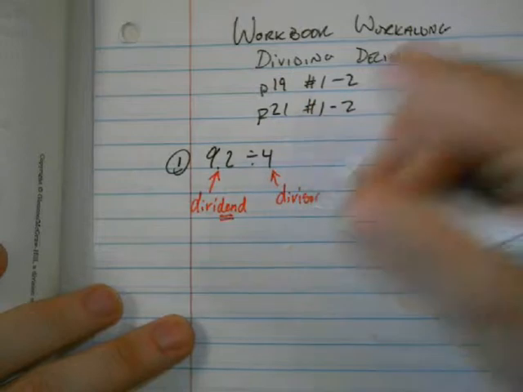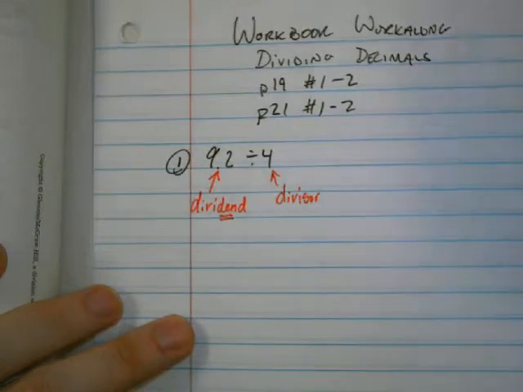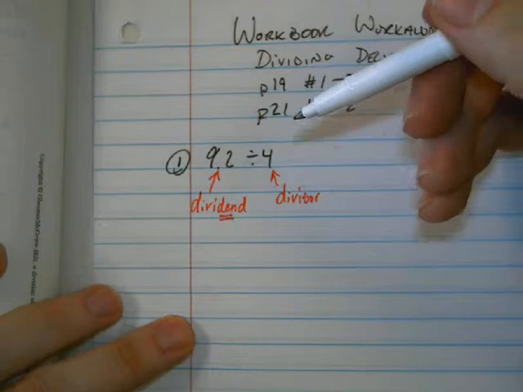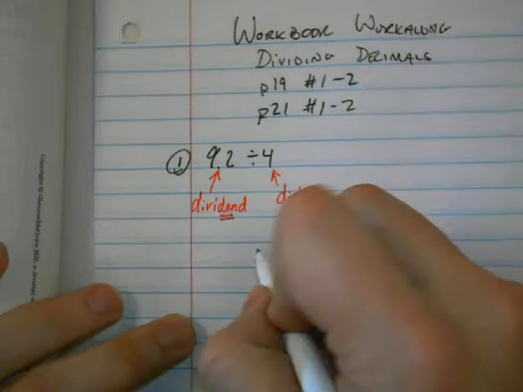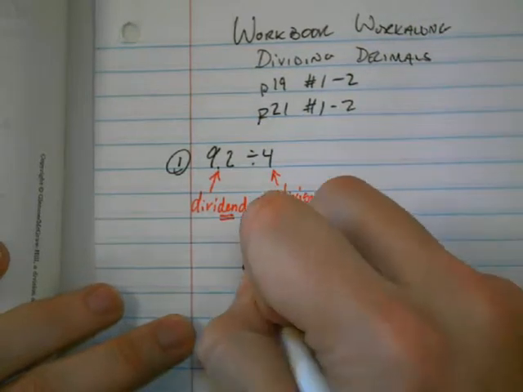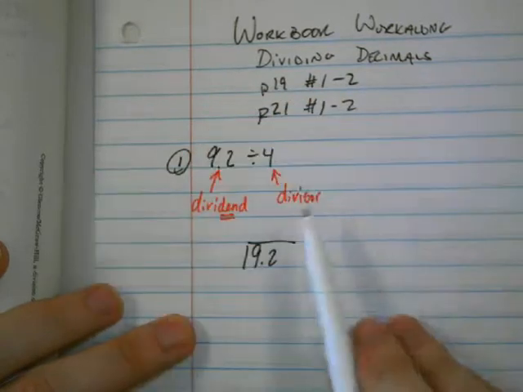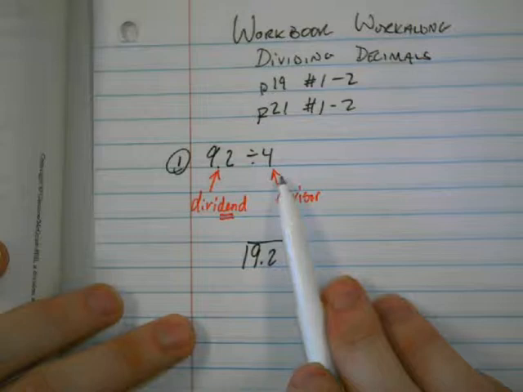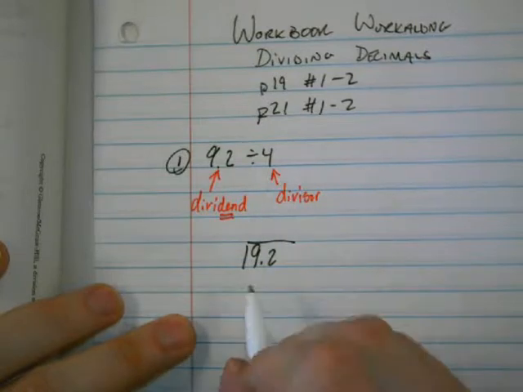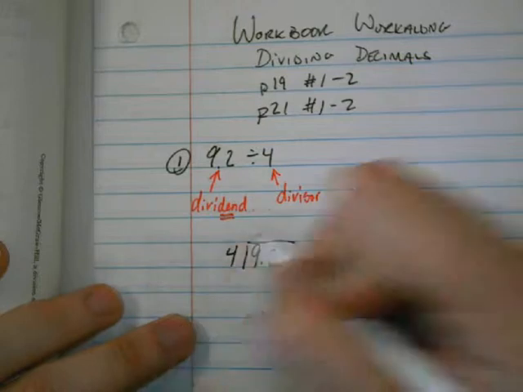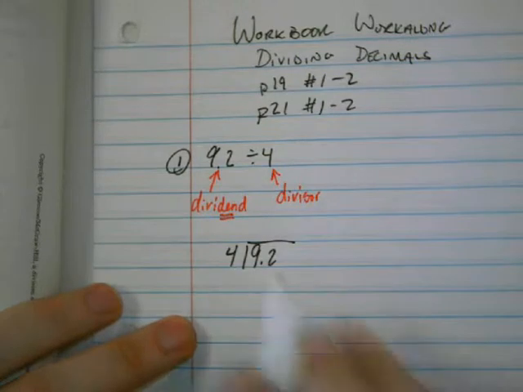It's not because this number is bigger, even though it is greater. It's just because that number comes first. The first number here, that's how much we have, and the second number over here, that's how many ways we want to split it up. So here we have 9 2/10, and we want to split it 4 ways.